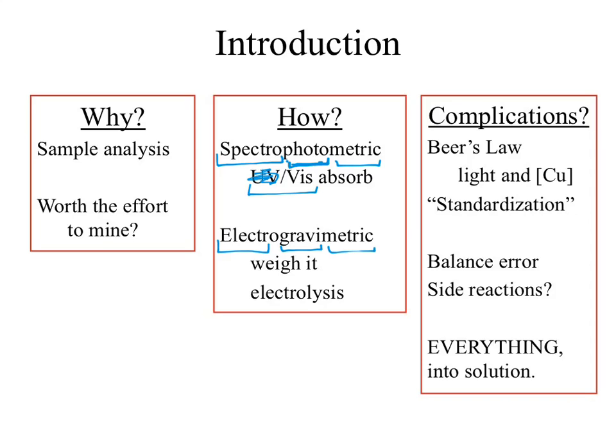When we get into the electrogravimetric process, this is going to be a relatively error-free experiment because there's not a whole lot to do. Really, all of the error is going to come from the balance. You're just going to end up weighing your sample before and then weighing it again once you find out how much copper is in it. You just do a simple percent composition. The question becomes how do we get that copper out of the ore?